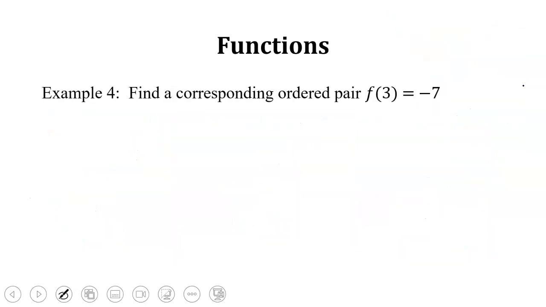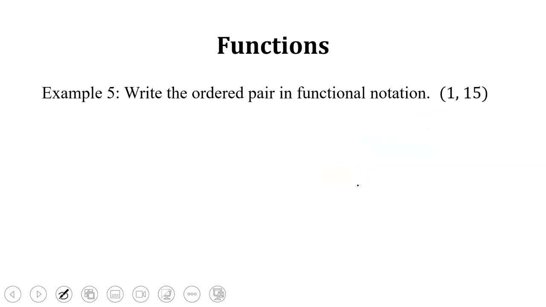All right, let's look at example number 4. Find an ordered pair using the function f of 3 equals negative 7. Remember, this is my x coordinate and this is my y coordinate. So just write it as an ordered pair. Do not overthink it. So 3 comma negative 7.